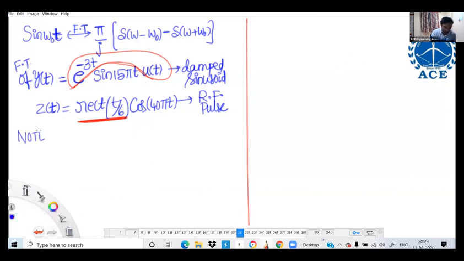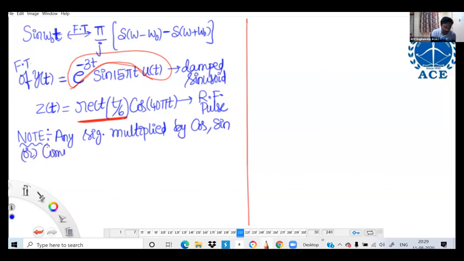So what is the point to be noted here? When there is a need of applying the frequency shifting property, any signal multiplied by cos, sine, or complex sinusoid e^(j omega c t), which is not real, is an indication of applying the frequency shifting property.